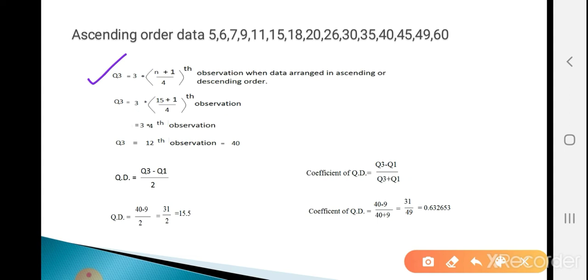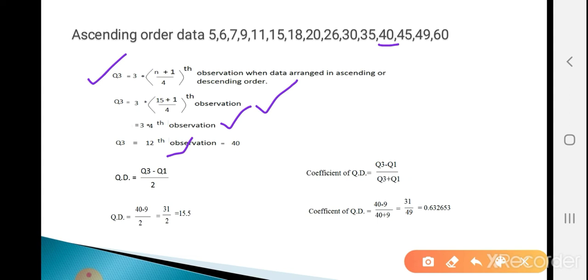So Q3 is equal to 3 into (15 plus 1) divided by 4th observation. 15 plus 1 is 16, 16 divided by 4 is 4, 4 into 3 is the 12th observation. Which one is the 12th observation? The 12th observation is 40. So the Q3 value is 40, that is the third quartile.